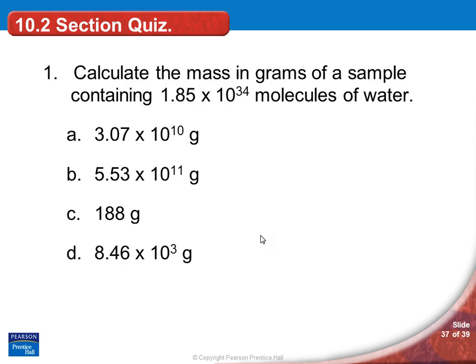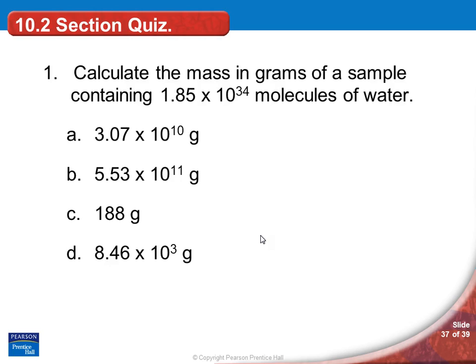Let's see here. You looked at the answers in the back yet?